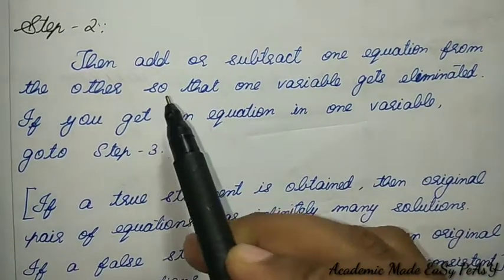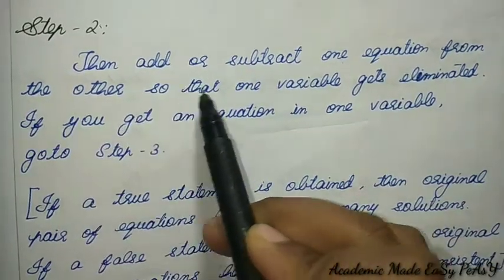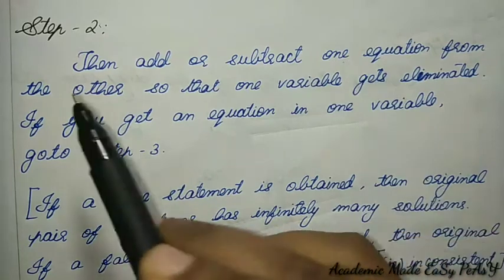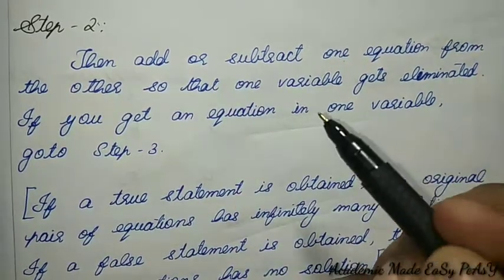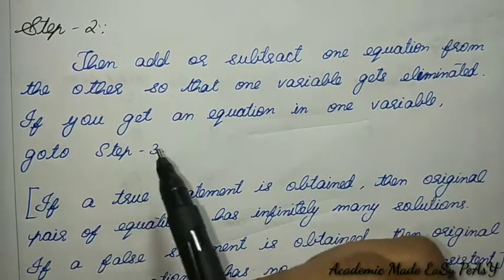Now step 2, then add or subtract one equation from the other so that one variable gets eliminated. So we cancelled x, no? That only. If you get an equation in one variable, go to step 3.